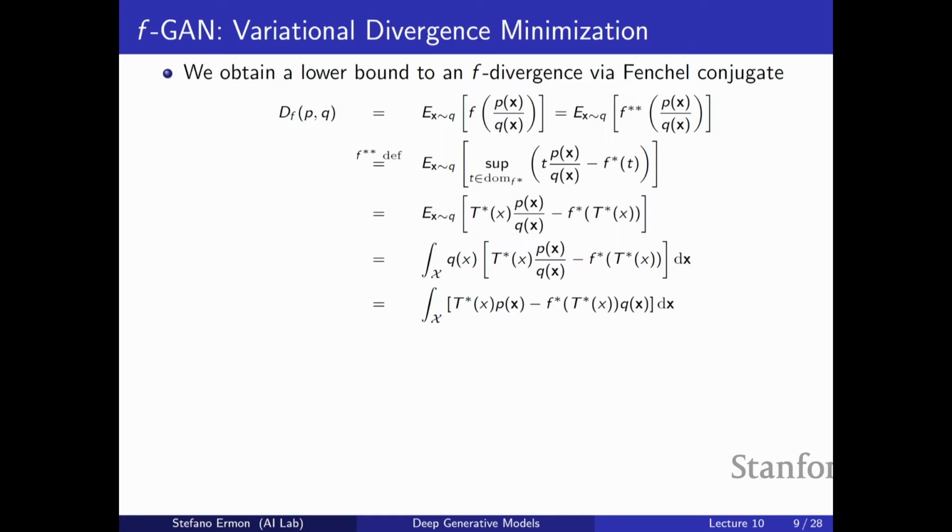There is an expectation with respect to P, and an expectation with respect to Q. That's similar to what we had in the GAN framework, where we had an expectation of something with respect to the data distribution, and an expectation of something else with respect to the model distribution, and that gave us our estimate of the Jensen-Shannon divergence in that case. You can see that the same idea holds more generally for different choices of f.